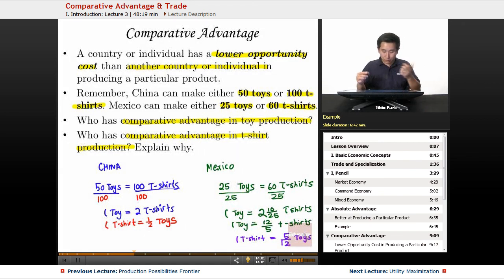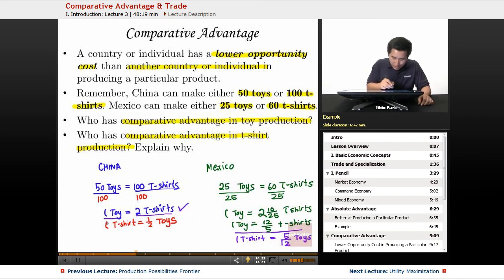Now, in order to find who has comparative advantage in making toys, let's take a look here. One toy equals 2 t-shirts, and one toy equals 12 over 5 t-shirts, or 2 and 2/5, right? So this is fairly close. There's not a huge discrepancy, but China is going to have comparative advantage in toys.